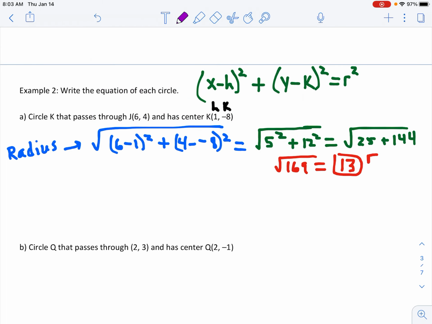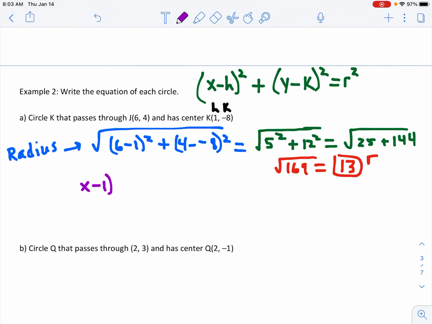So here we go. X minus 1 squared plus y minus, and now I'm going to put in a negative 8, so we're plugging in h and k into our equation, equals r squared.